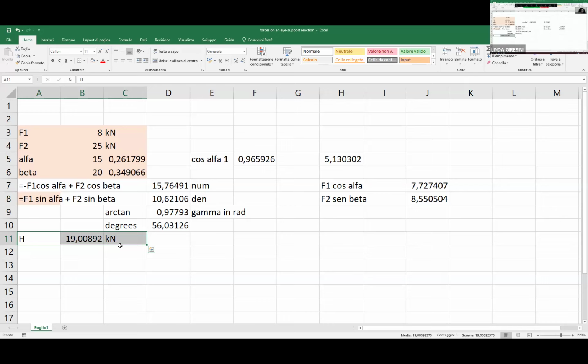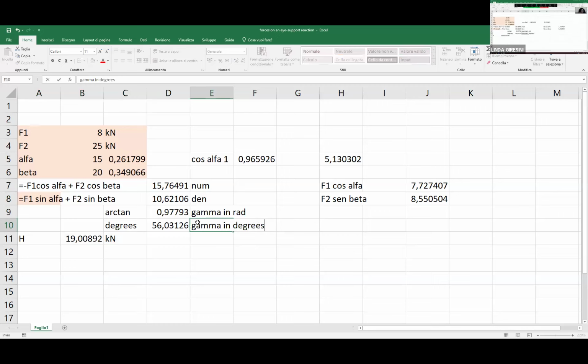Okay. So we are encouraged that maybe we are on the right way. Now we have to check the inclination gamma, which is this one. Gamma in degrees, 56. Let us check it.